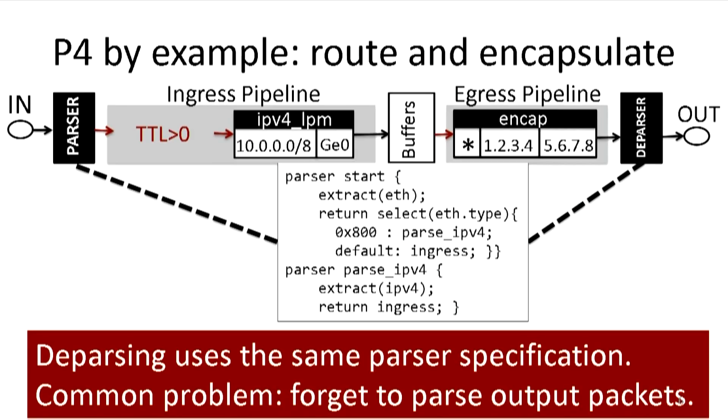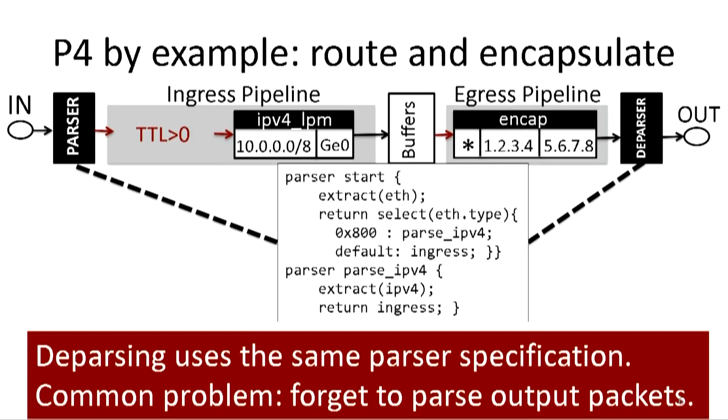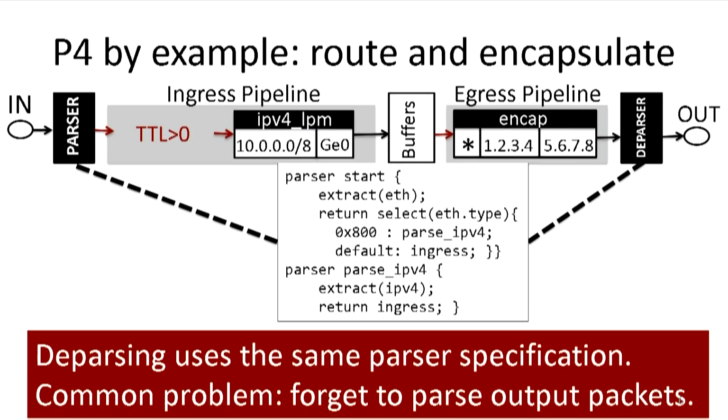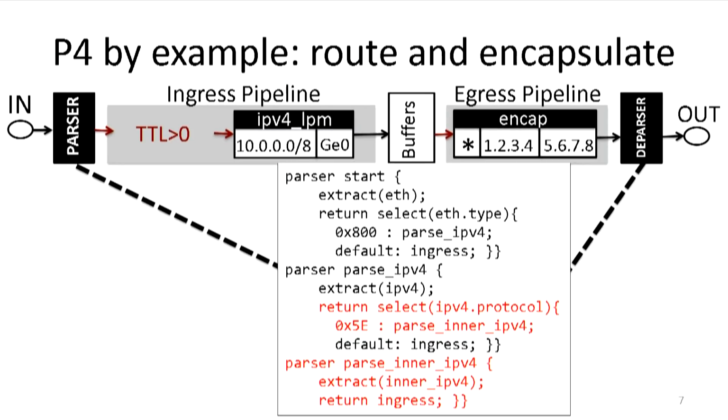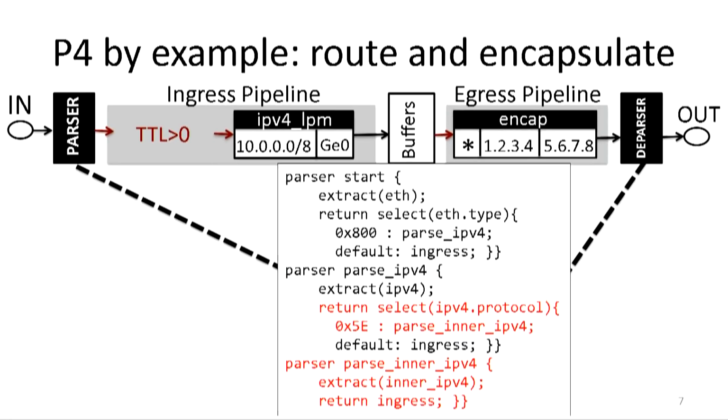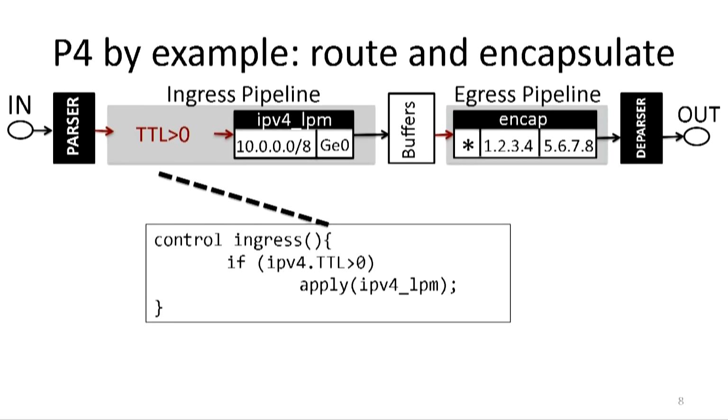However, our parser, which is also used by the deparser mechanism, only specifies one IPv4 header. So we won't be able to encapsulate IP in IP packets. Okay, let's fix this. We added another header declaration, the IP in IP header, and we'll move on to have a look at the control program.